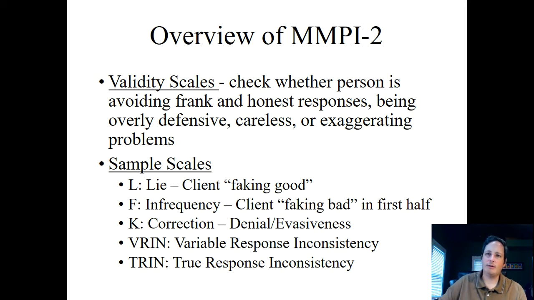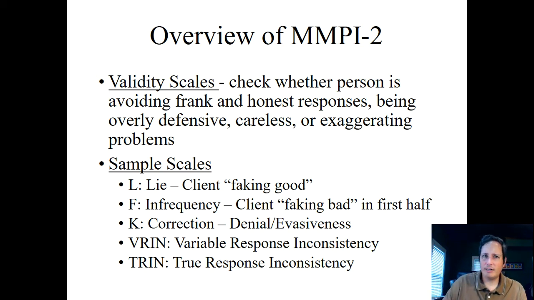So it's not only how you're answering, you could be answering very consistently, but maybe consistently towards where you want to look bad, and this would pick up on that. So all of the scales, even the behavior rating scales that I talked about these days, tend to have some of these built in, but the MMPI-2 by far has the most.